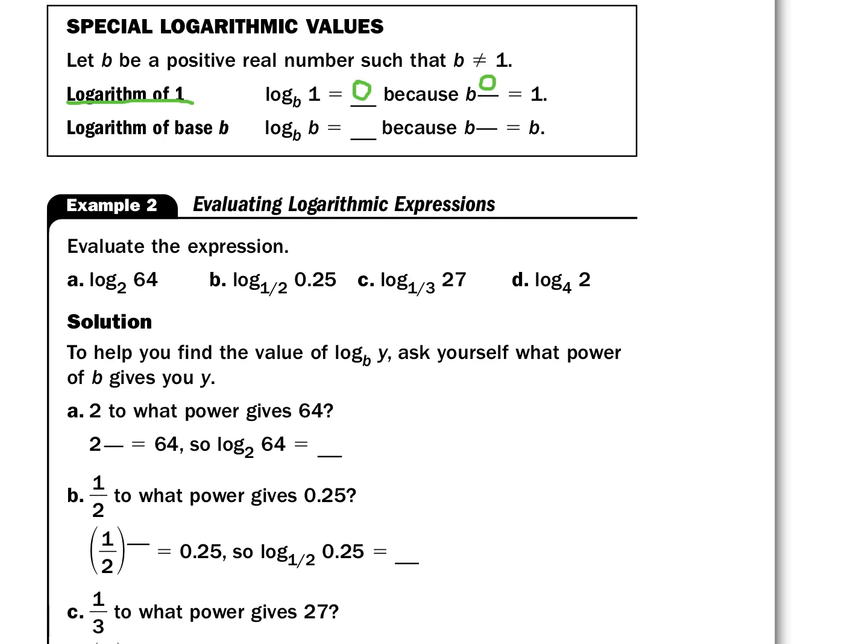Anything to the 0 power is equal to 1. And then the logarithm of base b, in other words, if I take the same base as the base of that logarithm, it is equal to 1 because only b to the 1st power is going to be equal to b.